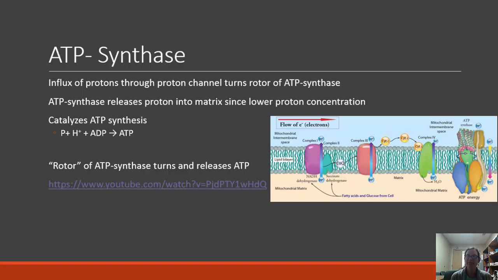So again, it's very complex, but when you look at each step, the mechanisms are pretty consistent. We're transferring hydrogens, we're transferring electrons, we're transferring phosphate groups. There really is a language to how all of this works.